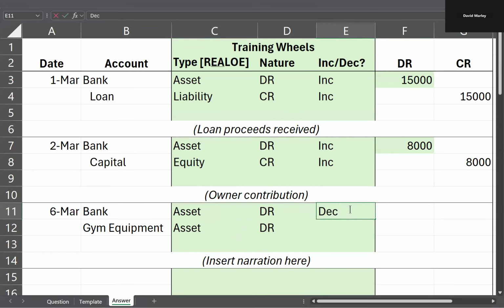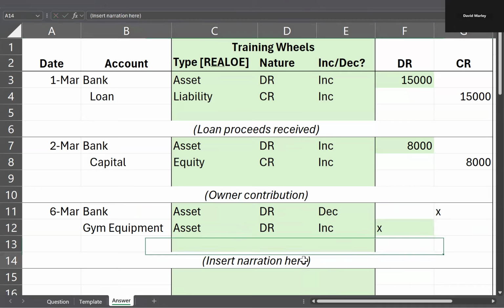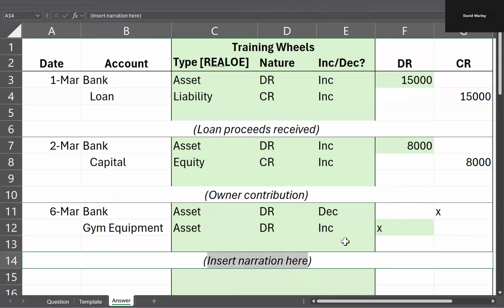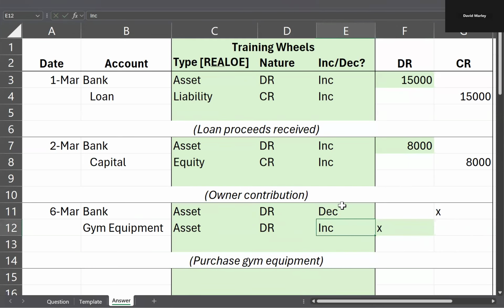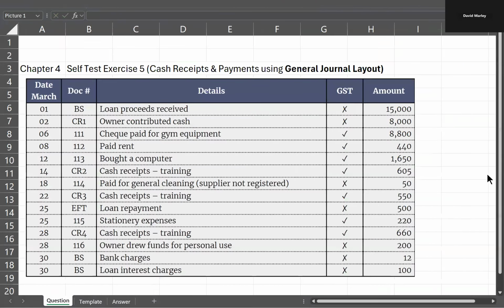So this is going to decrease, but the asset for the gym equipment should be increasing. Now, when something decreases, we do the opposite of nature. When it increases, we do the same as nature, and then do that final check. Do my debits equal my credits? I need my dollar figures.